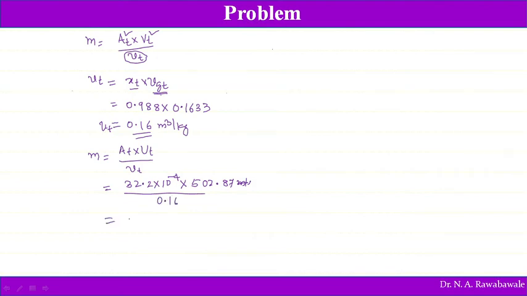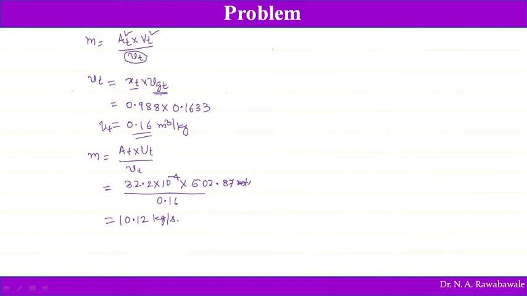So mass flow rate after simplification we get as 10.12 kg per second. So this is the mass flow rate.